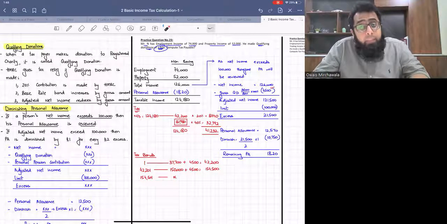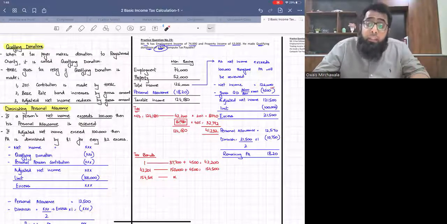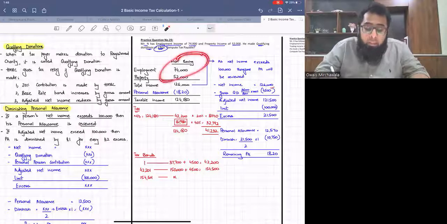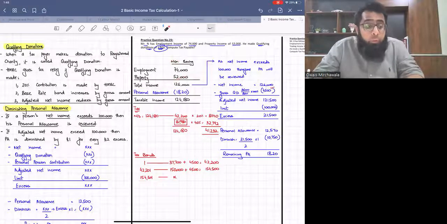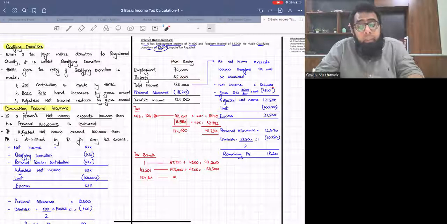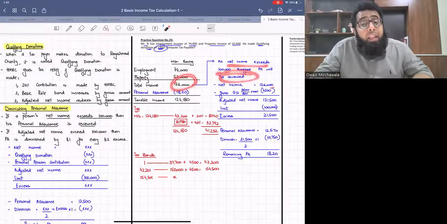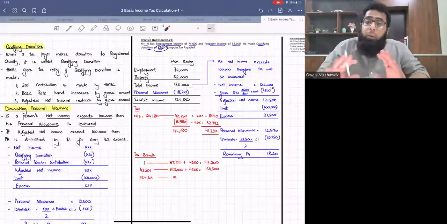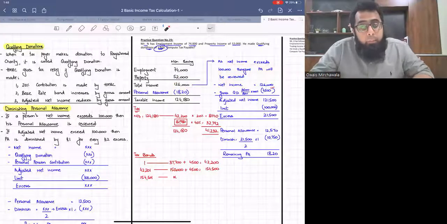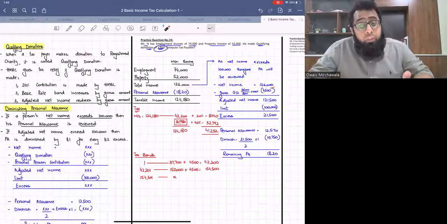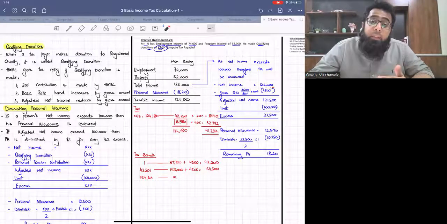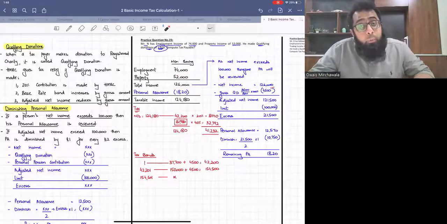Okay, is it clear? I hope that you people are getting it. First, we classified the income. We arrived at the value of total income. We compared it with the 100,000 limit. So we said that the allowance has to be reviewed. Irrespective of the donation, if your income exceeds 100,000, the allowance has to be reviewed.